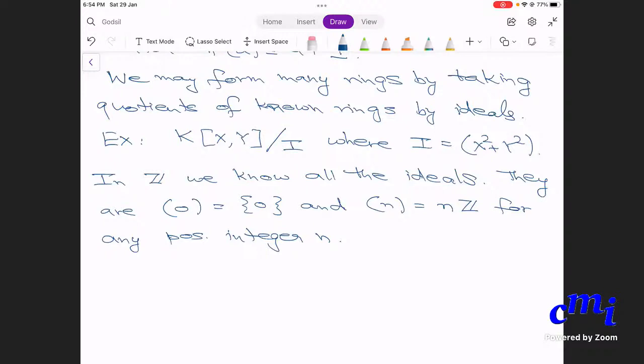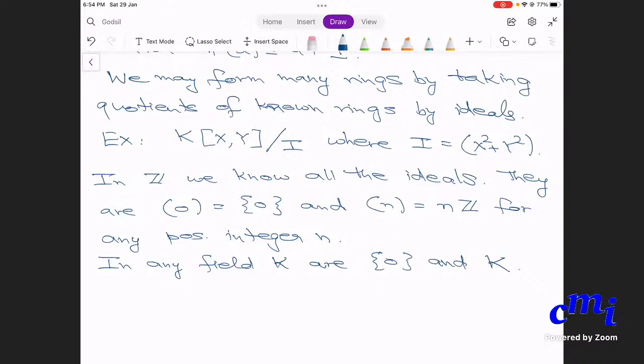But because the ring Z is so simple, we have a nice answer. Also remember that in any field, the only ideals are 0 and the whole field.